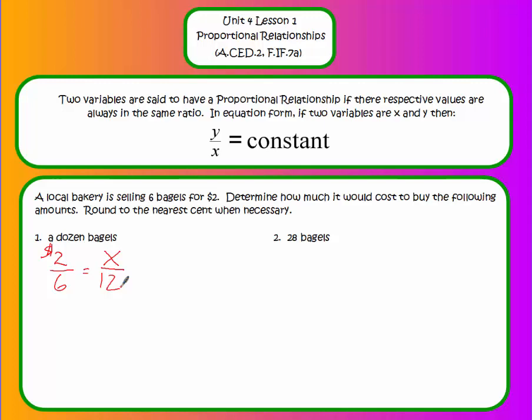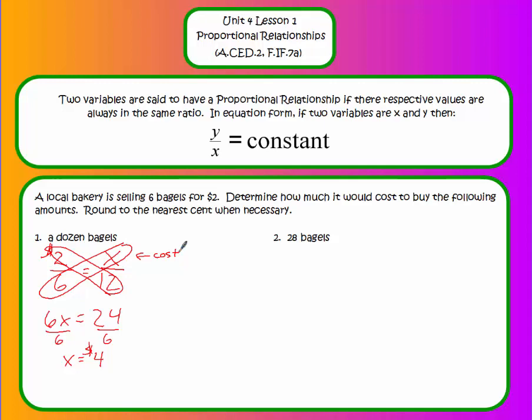I have two different ratios and they're equivalent. One of the ways we can solve this is through this cross-multiplying idea. So I have 6x equals 12 times 2, which is 24. I then get x by itself. Dividing by 6 tells me x equals $4. Remember, this was the cost in the top here.